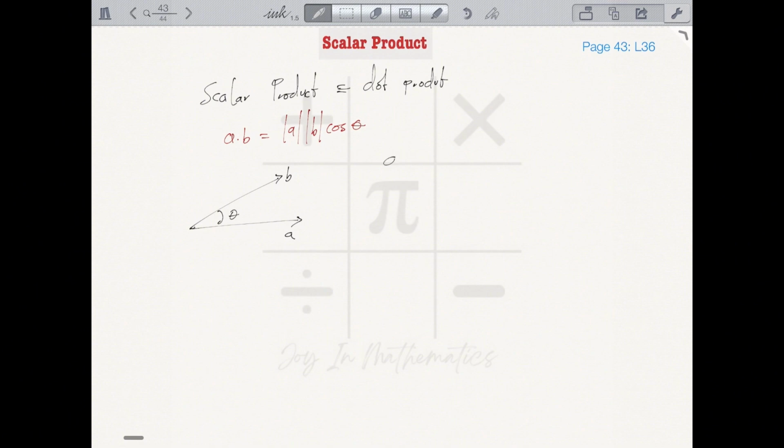So let's take, for instance, that A is equal to A1i plus A2j plus A3k, and B is equal to B1i plus B2j plus B3k.